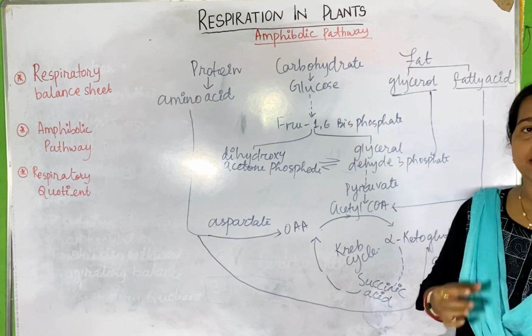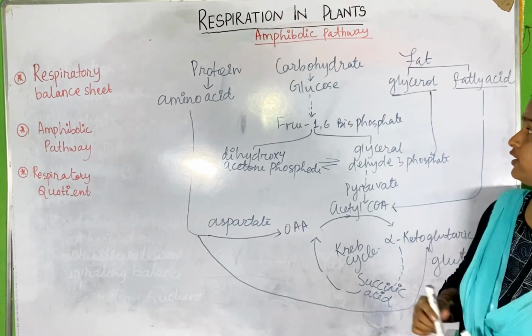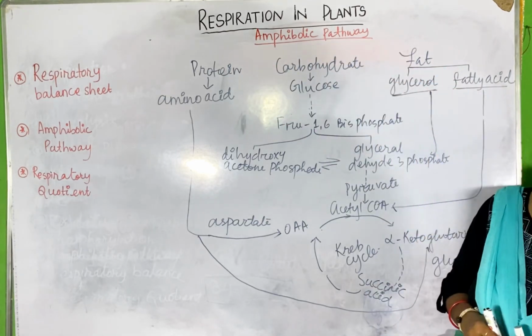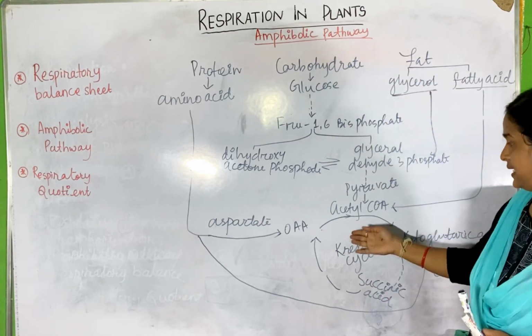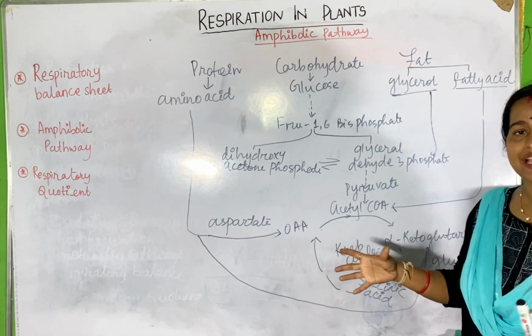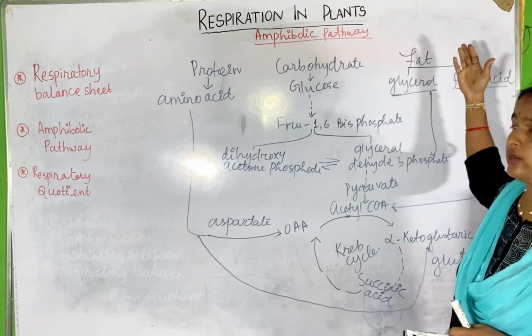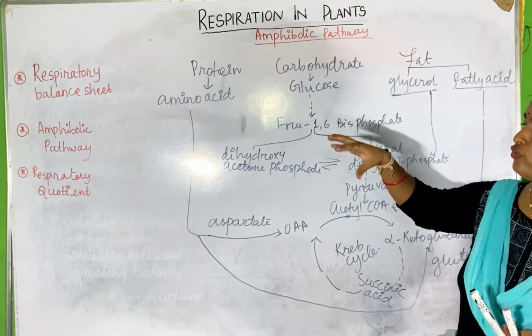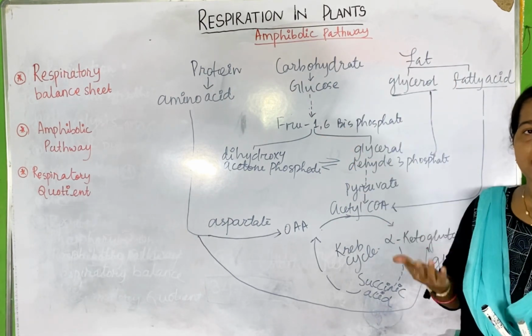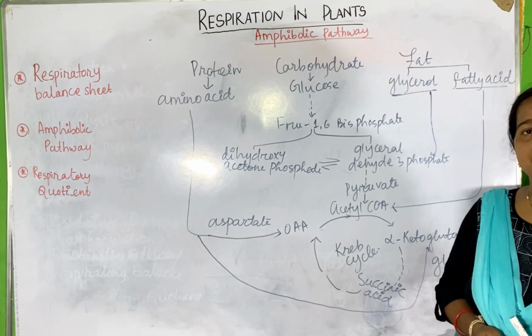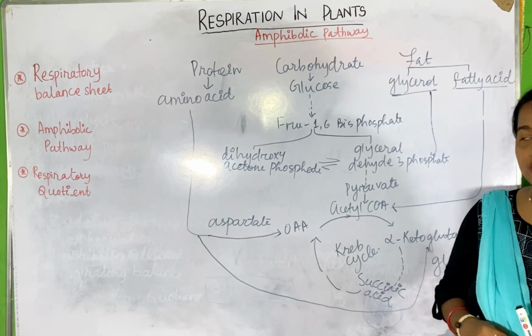And when the body needs proteins or fatty acid or glycerol or fats, these products can be extracted from the respiratory pathway and help in formation of protein and fat. So formation means what? Is it anabolic or catabolic? Anabolic process.